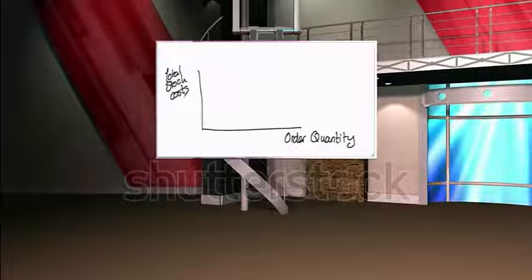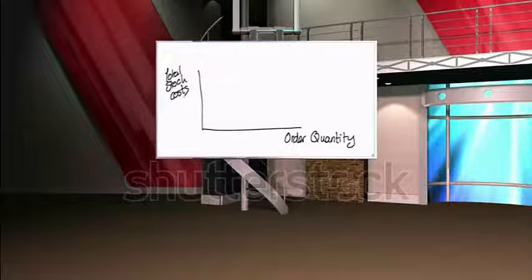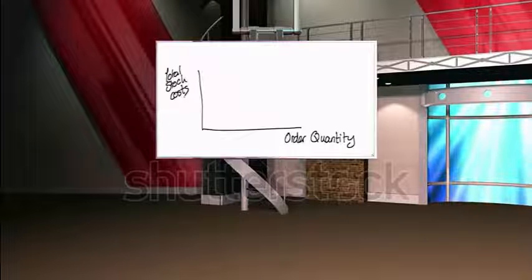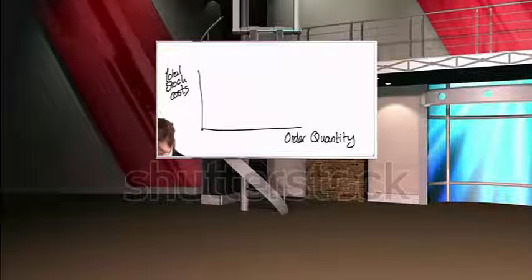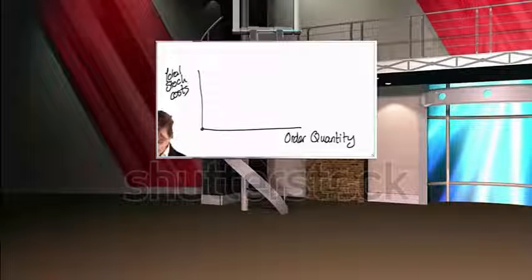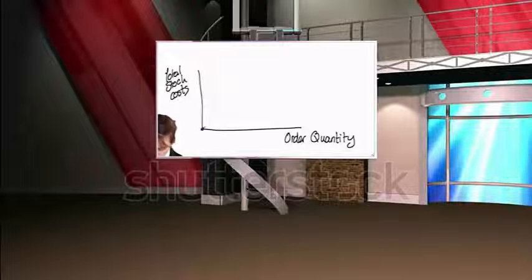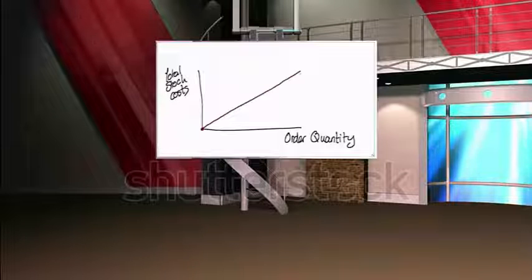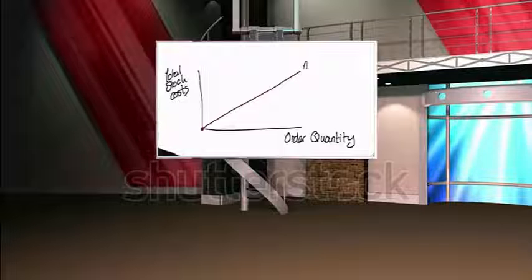If our order quantity is 0, so if we never hold any stock, then our annual holding costs will also be 0. And as our order quantity increases, our annual holding costs will also increase.